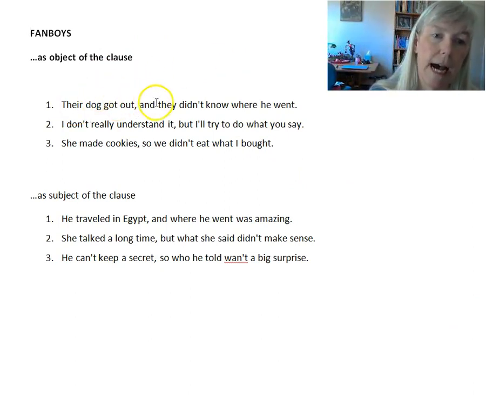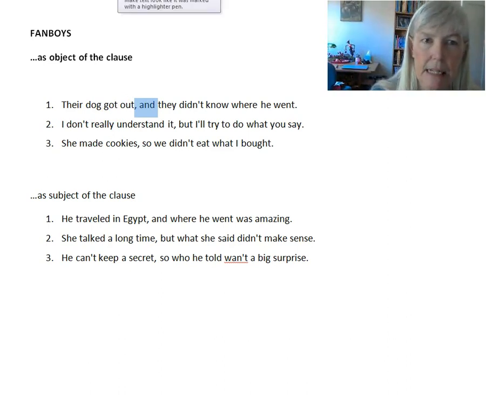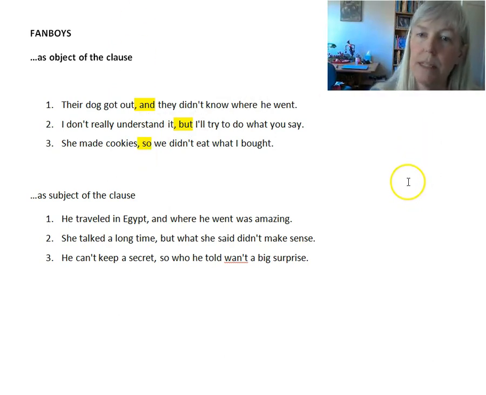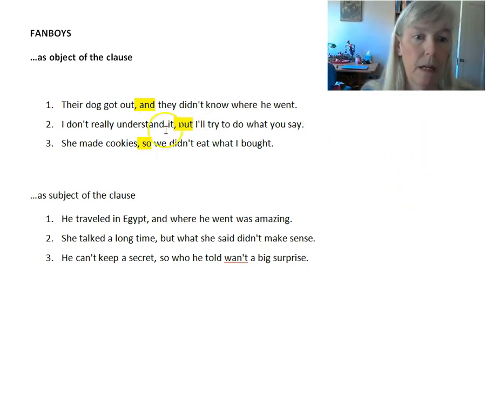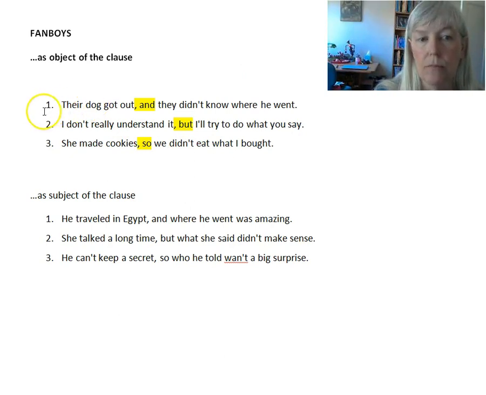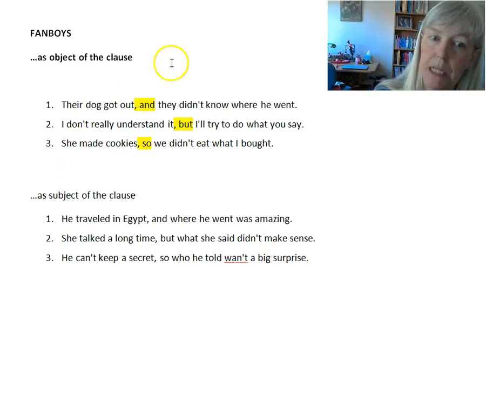Their dog got out, and, so we have that and there for the FANBOYS, but, so, always in the middle, always with a comma. So, meaning therefore. Their dog got out, subject verb. I don't really understand, subject verb. She made, subject verb.